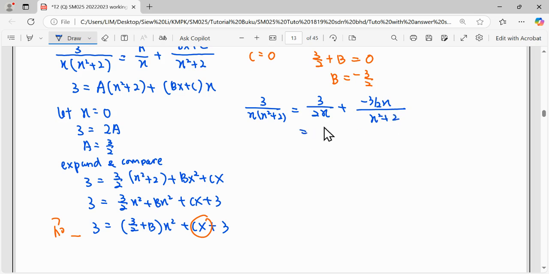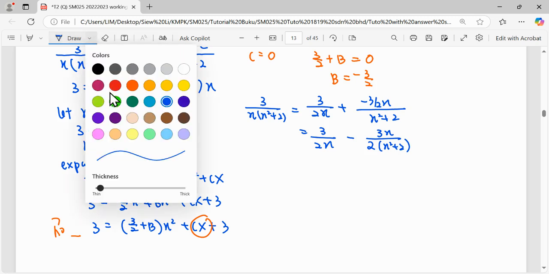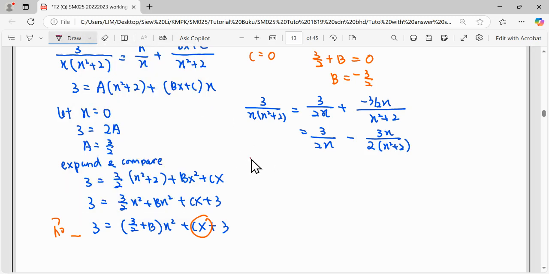And when I rewrite the coefficient, I move the denominator of 2 together with the denominator x squared plus 2. So in this case, we continue to integrate this fraction in its partial fraction form.